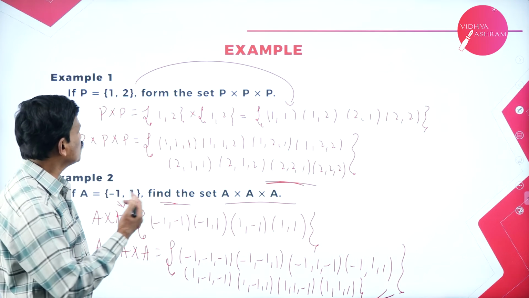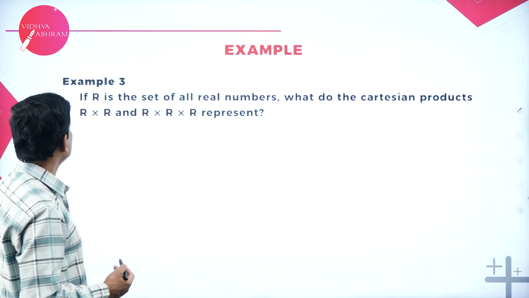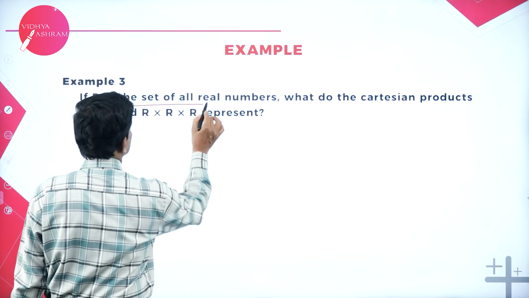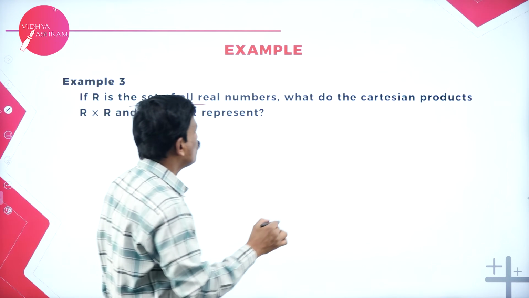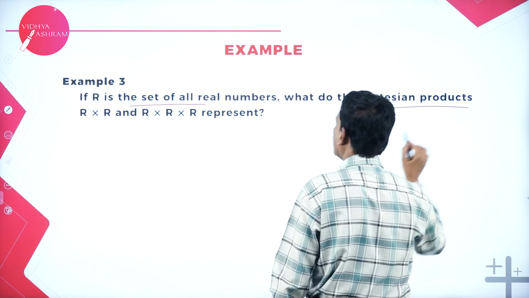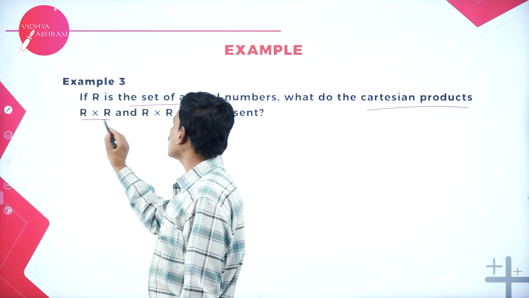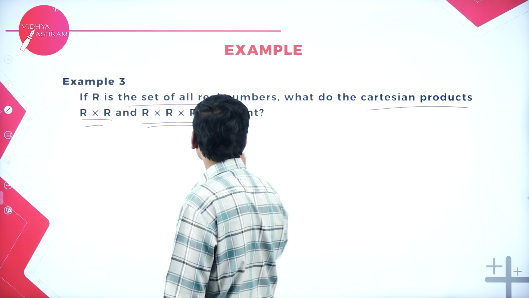Okay. Now, let us come to the next problem. Here, what is the problem given? If R is the set of all real numbers, what do the Cartesian products R cross R and R cross R cross R represent?